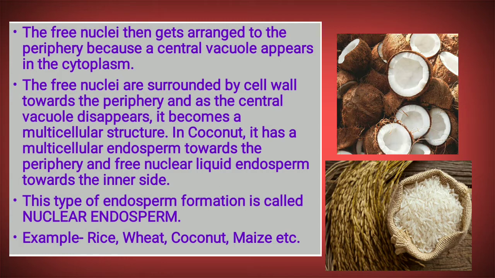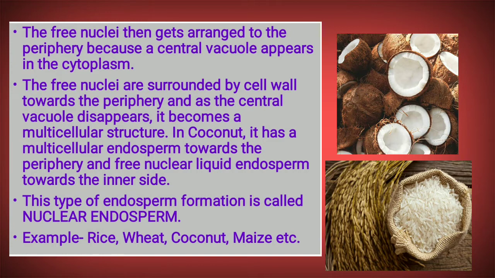So coconut has a multicellular endosperm towards the periphery and free nuclear liquid endosperm towards the inner side. The coconut water that we drink is the free nuclear liquid endosperm, and the solid part is the multicellular structure where the free nuclei developed into cells.